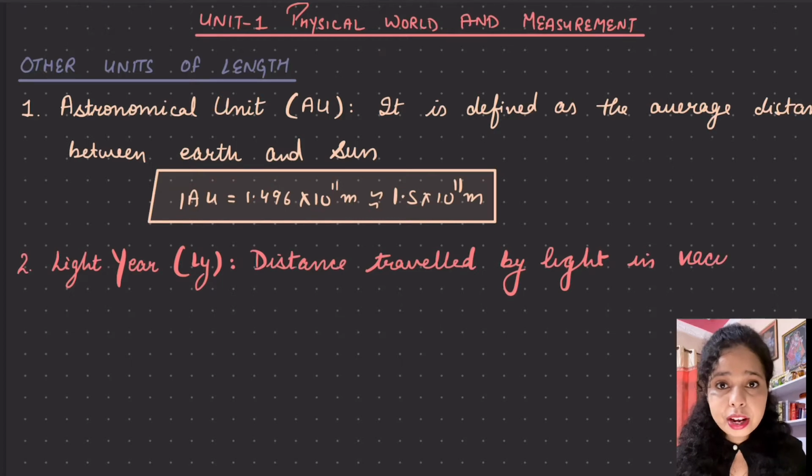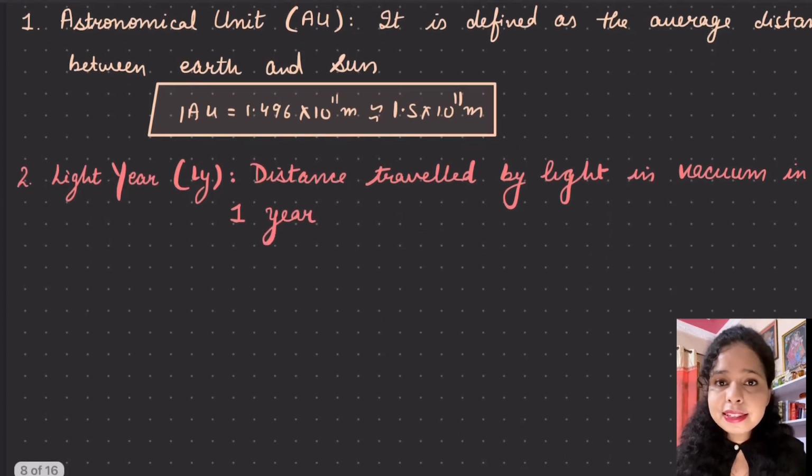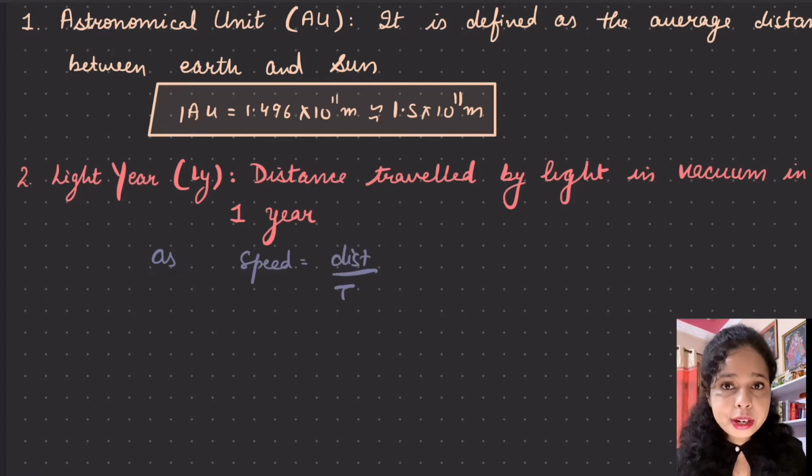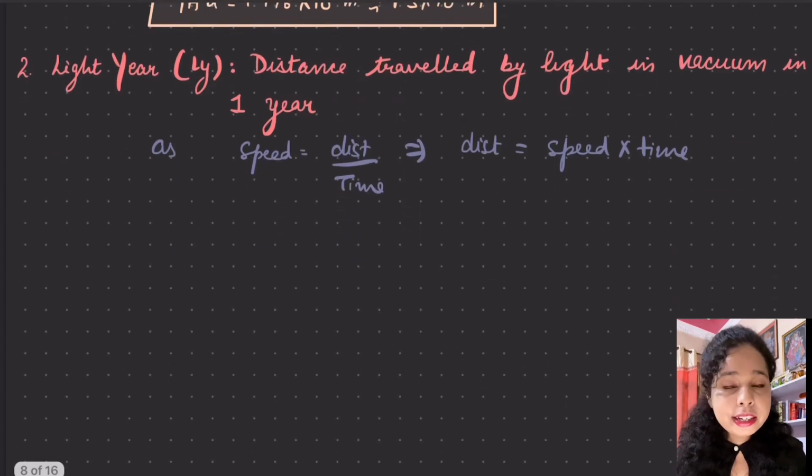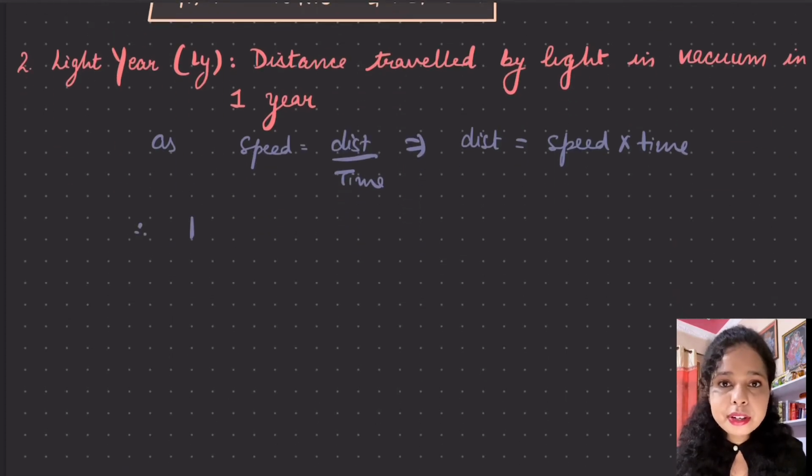To calculate the value of 1 light year, we know speed is equal to distance upon time. Therefore, distance is equal to speed multiplied by time. We know in vacuum light travels with a speed of 3 into 10 raised to power 8 meter per second. Therefore, 1 light year is equal to speed multiplied by 1 year, that is, 3 into 10 raised to power 8 into 1 year.